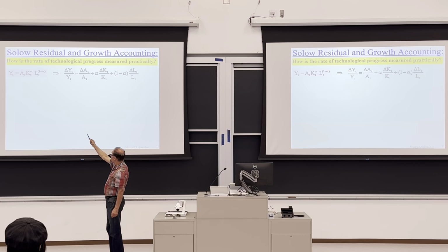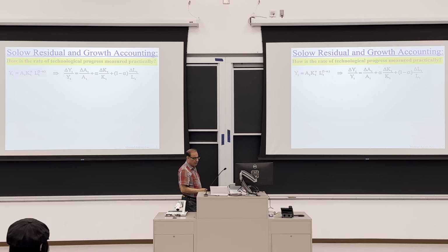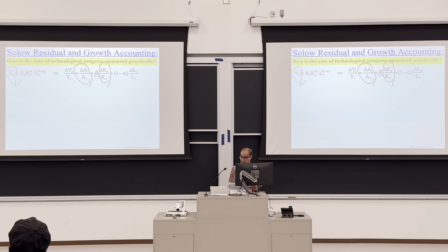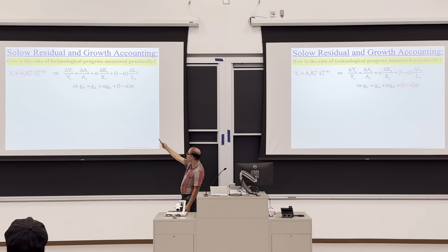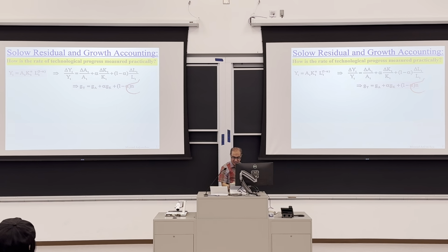So you know what to do. We talked about this. Take the logarithm of both sides, differentiate both sides. So it becomes what? The growth rate of output is the growth rate of technology, plus alpha times the growth rate of capital, plus (1 minus alpha) times the growth rate of labor. Okay? So you see here, growth rate of output, growth rate of technology, growth rate of capital, growth rate of labor force.